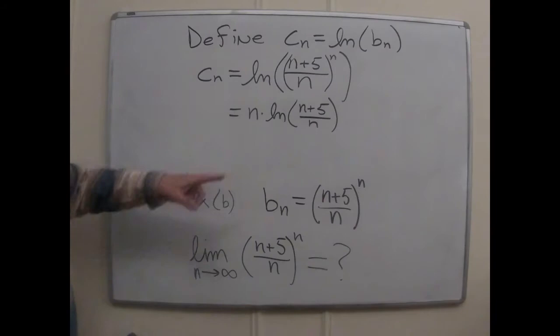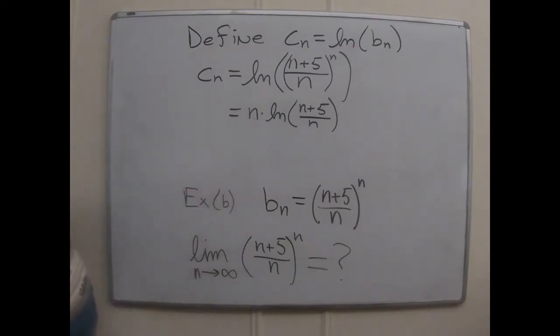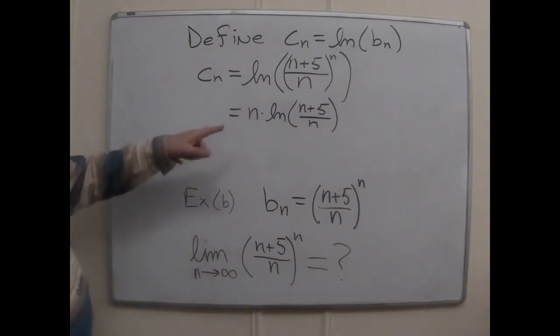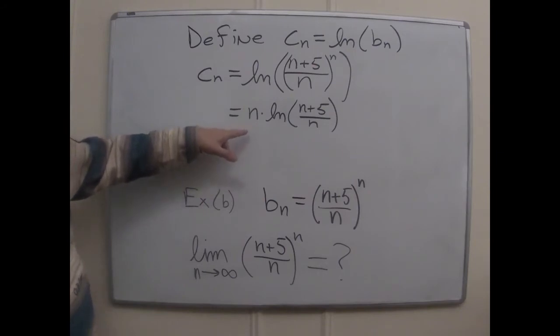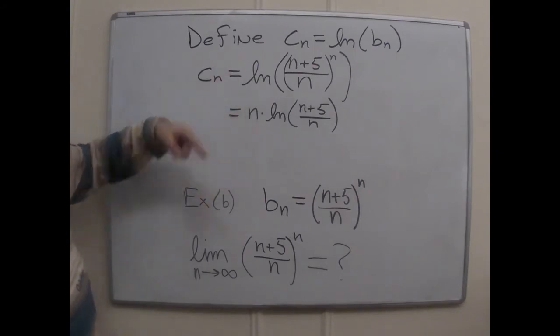Now, if we can figure out what the limit of this expression is, then my claim is we just take that and put it in the power on e, and you'll get b.